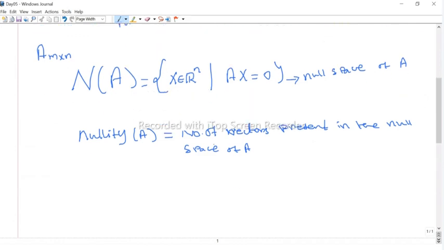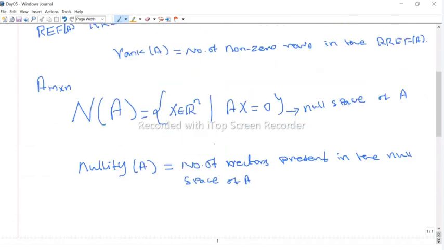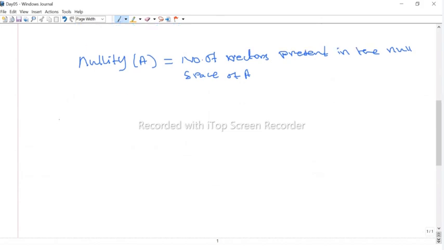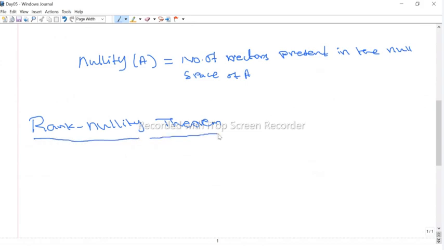Using this rank and nullity of a matrix, we have an important theorem, the rank-nullity theorem.